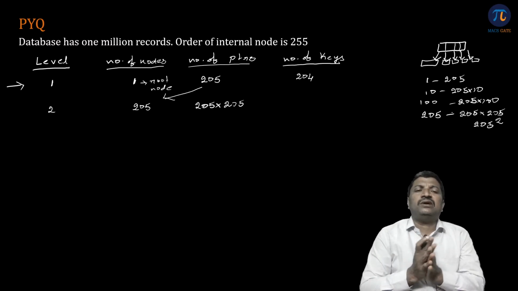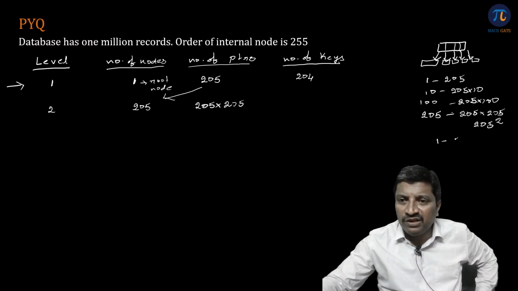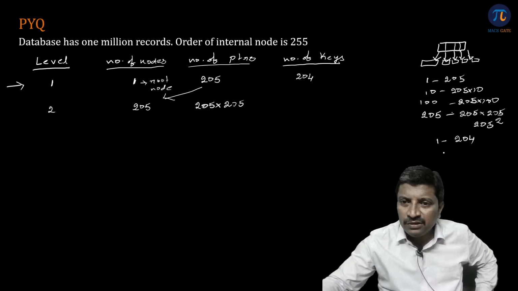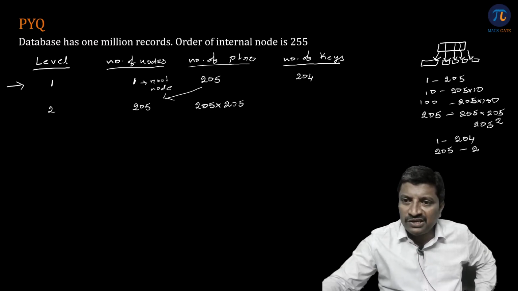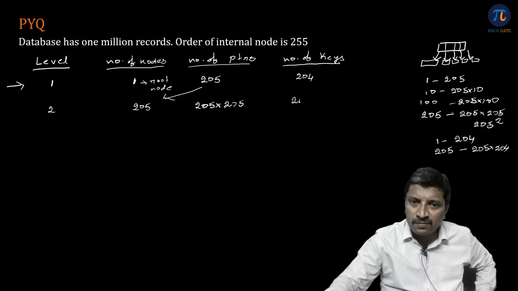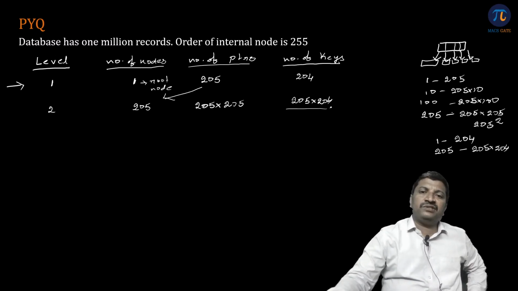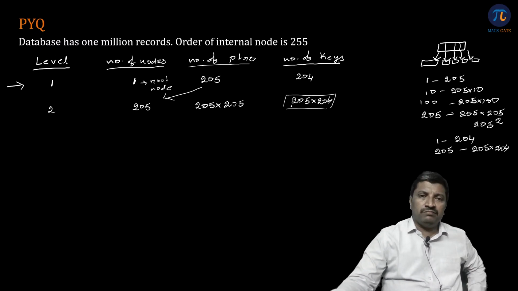Am I clear? What is the number of keys? One node will have 204 keys. I have 205 nodes, so how many will I get? 205 into 204. Suppose this is greater than 1 million, then we are done.